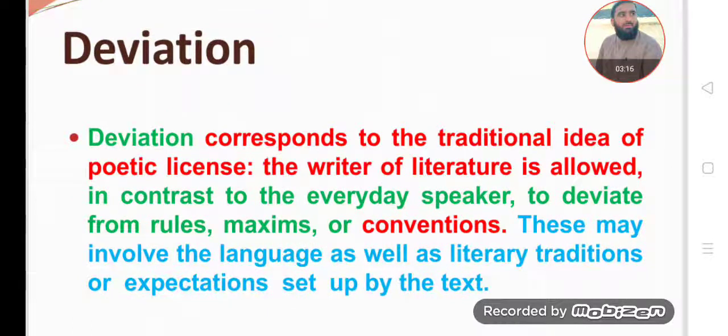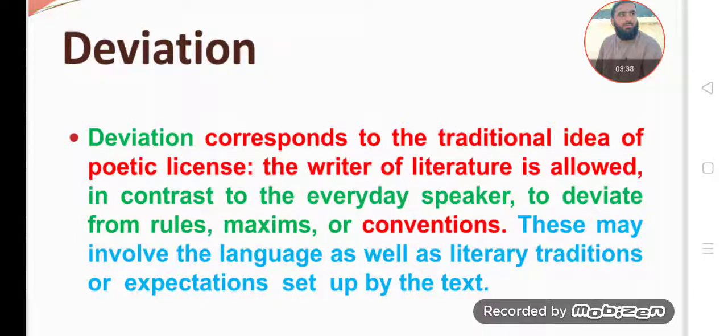Deviation corresponds to the traditional idea of poetic license, that the writer of literature is allowed, in contrast to the everyday speaker, to deviate from rules, maxims, and conventions. These may involve the language as well as literary traditions and expectations set up by the text.